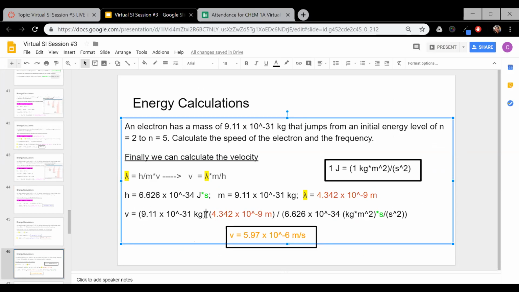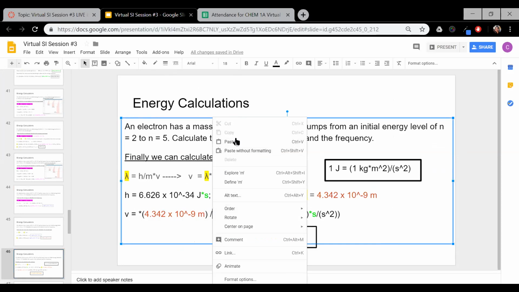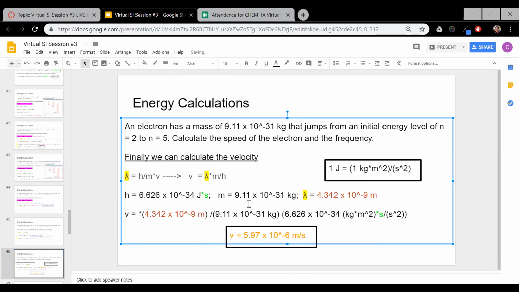So this should be down here. One should be down here. This one should stay up there. And velocity, lambda, down there.